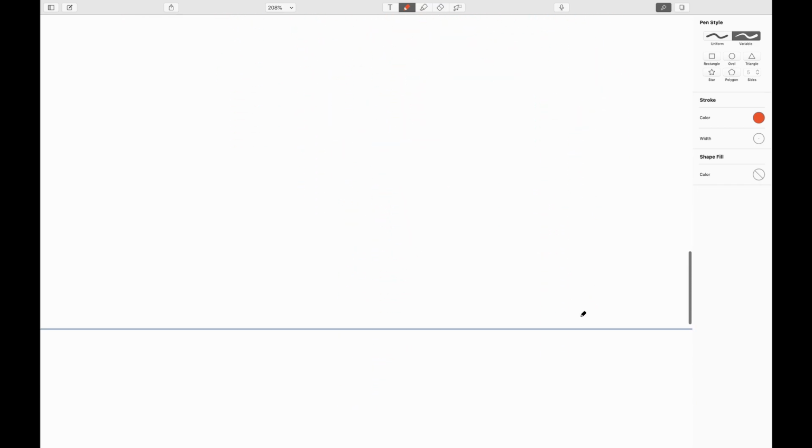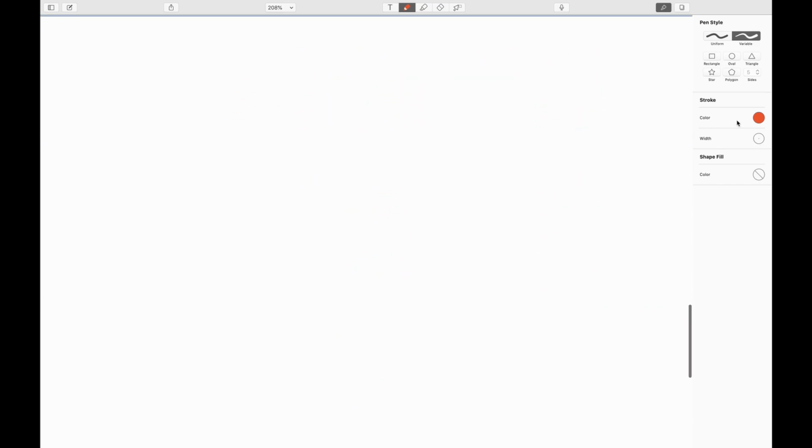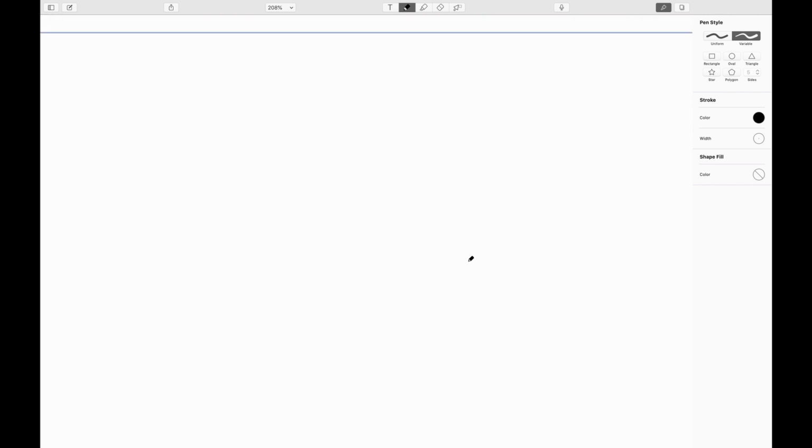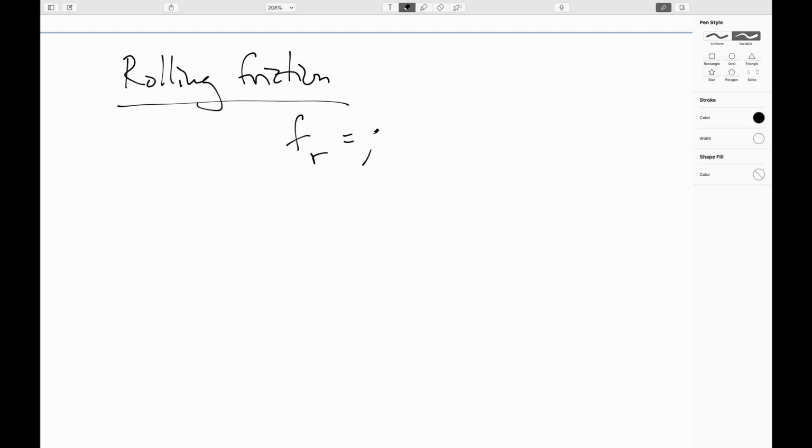I'm going to take this opportunity to give a bit of an aside about rolling friction and how tires really work. So again here, rolling friction also opposes the motion. You can write F_r equals mu_r times n, and it works just like kinetic friction.